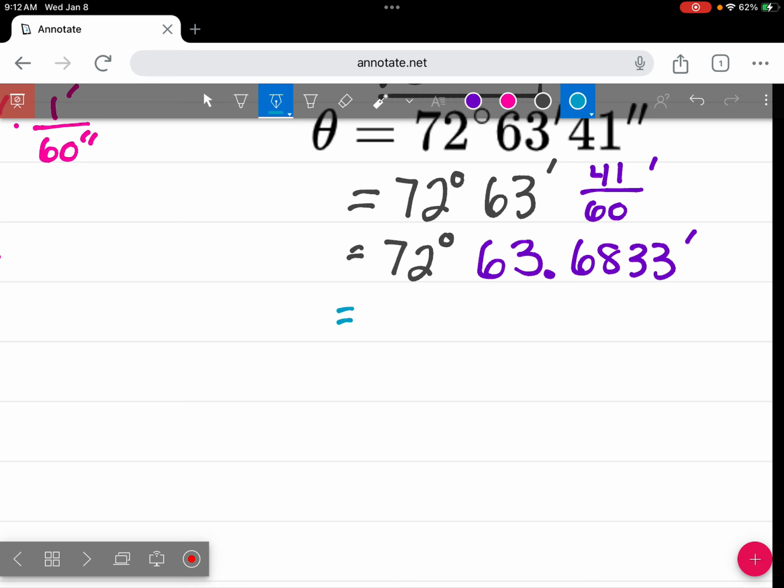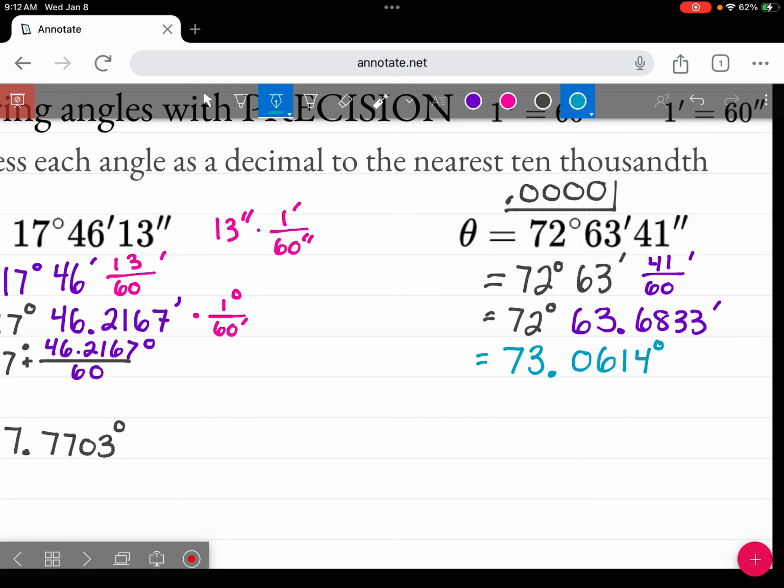So our total, our final unit is going to be what? 73. It changed our degree here because they improperly marked this. This is 63. There should only be 60 minutes in a degree. So this has an extra degree in here. So we're going to have our 73.061, and I believe it should be 4 with rounding to our 4 decimal places, degrees.